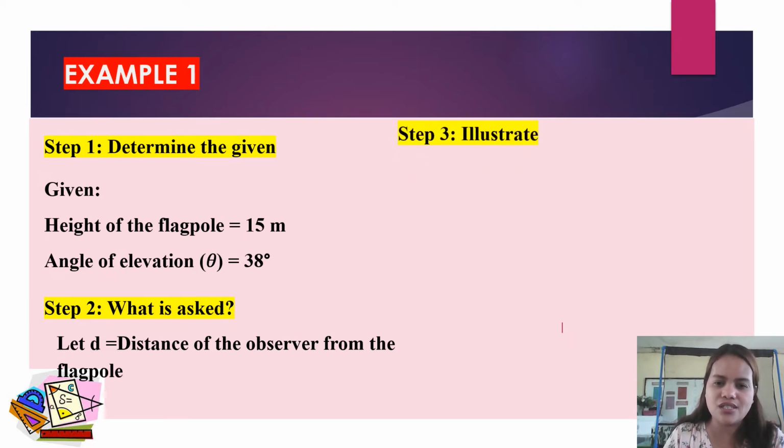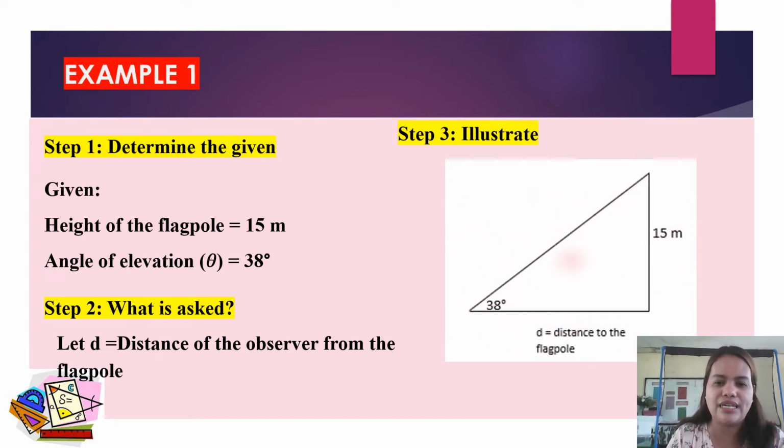And step 3 is you're going to illustrate, which is one of the very important parts of the solution. So you can figure out, malinaw kung ano yung hinahanap. Okay, based from the figure, we have the angle of elevation, 38 degrees. Then we have letter D, that is the distance of the flagpole. Yan yung hinahanap natin. At yung height ng flagpole, which is 15 meters. The very important thing is dapat alam nyo kung ano yung part ng side.